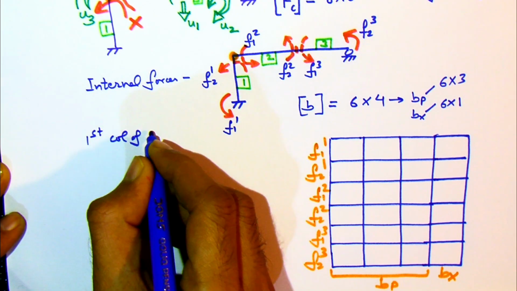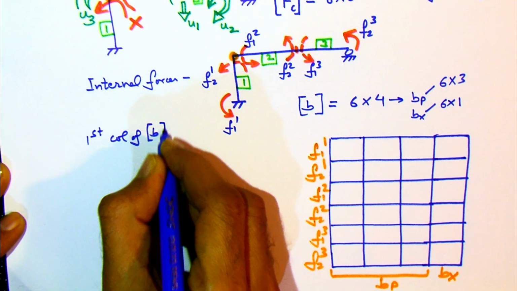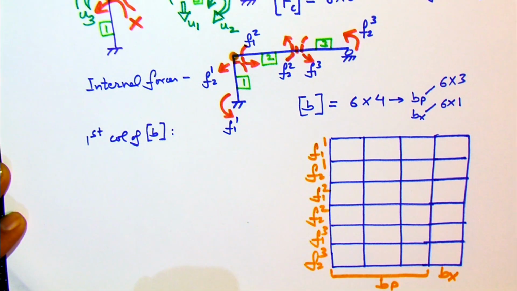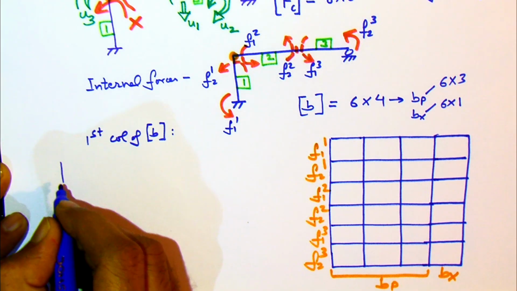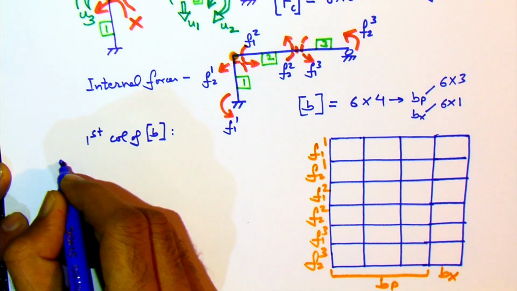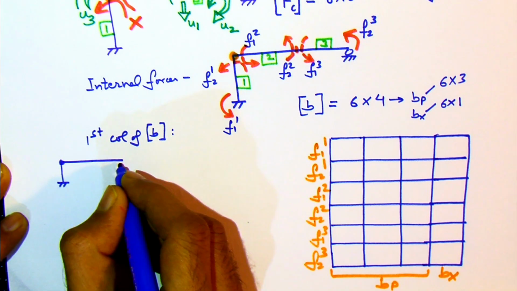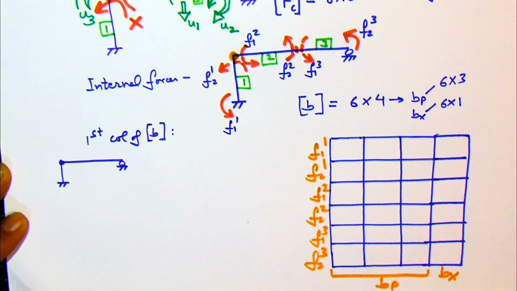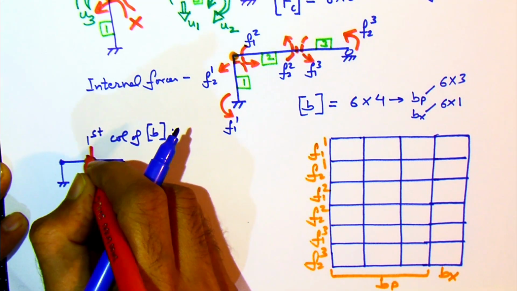So we have identified BP and BX, and now the next step is that one by one we consider the structure and apply the forces P1 equal to 1, then P2 equal to 1, then P3 equal to 1, and finally X equal to 1. So we'll solve these structures.